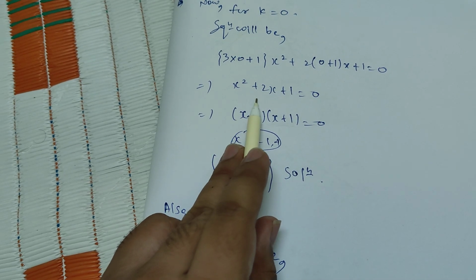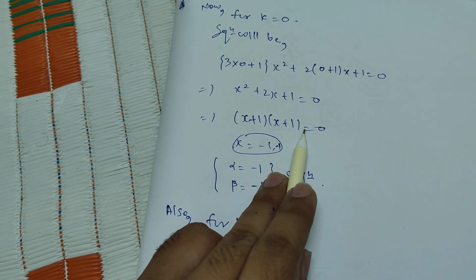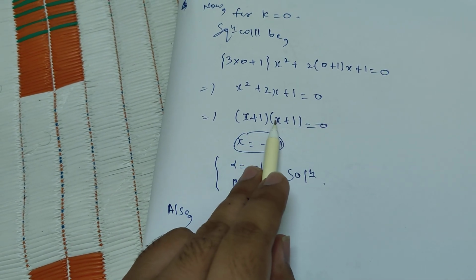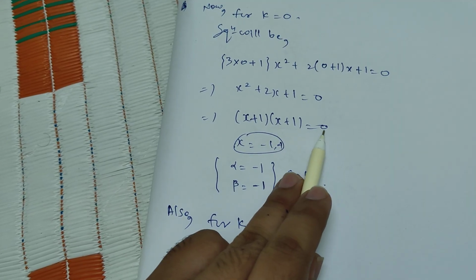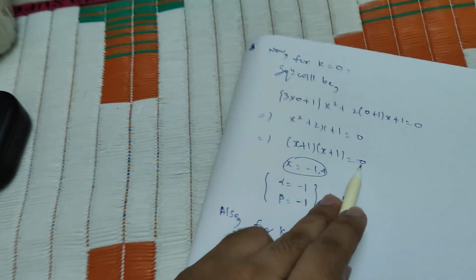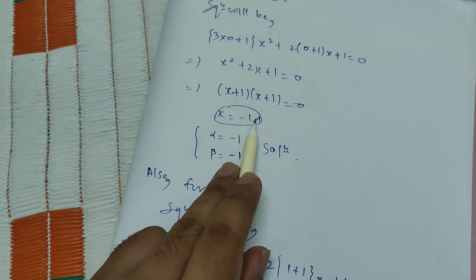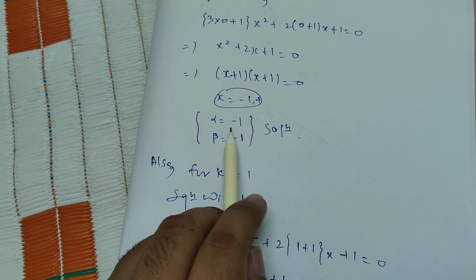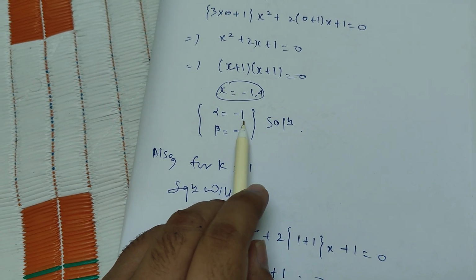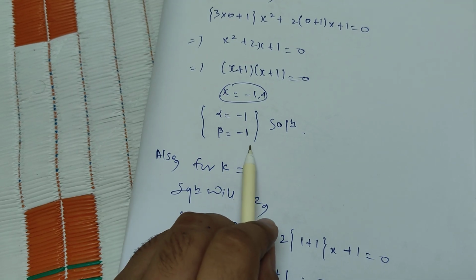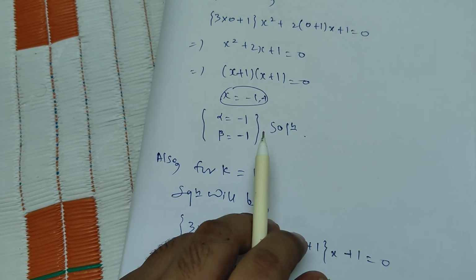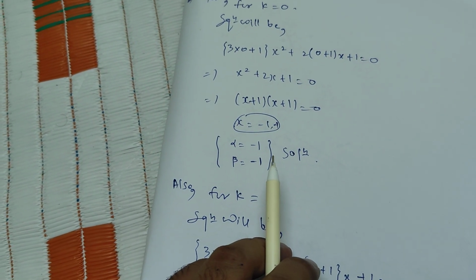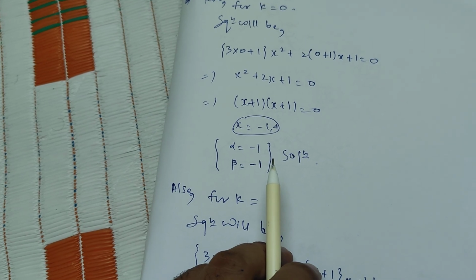So (x plus 1) times (x plus 1) is equal to 0. The value of x is equal to minus 1 or minus 1, that is the required roots, alpha is equal to -1 and beta is equal to -1, and this is the solution for which the equation has real and equal roots.